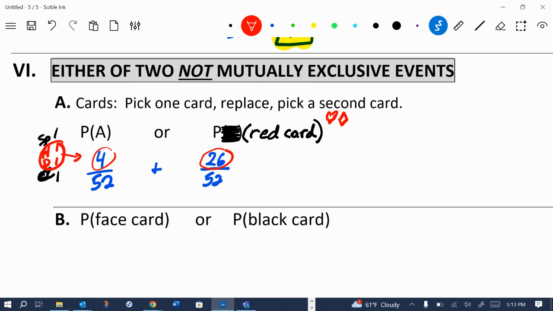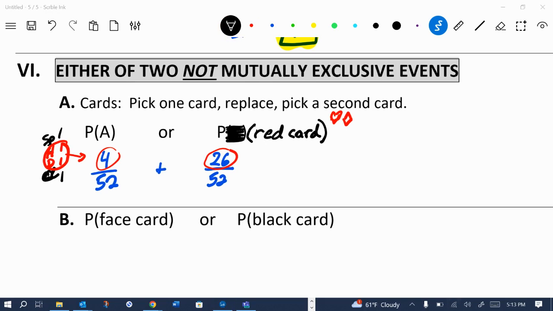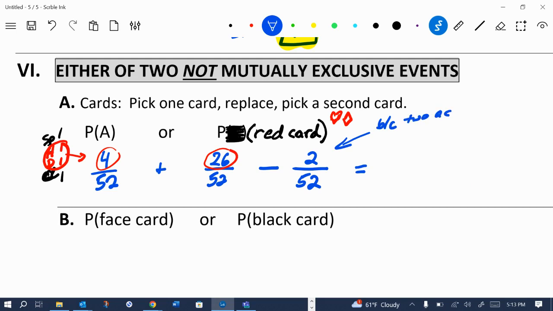So it's like we would get a double if we pick the ace or we pick the red card. Well, there's a double there. When that happens, when it doubles up, you actually have to go so far as to subtract the amount that are doubled up. So it's not just the 4 plus 26, you also have to do the minus 2. That's because 2 aces are repeated.